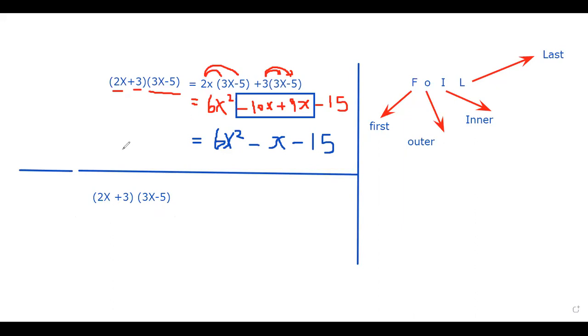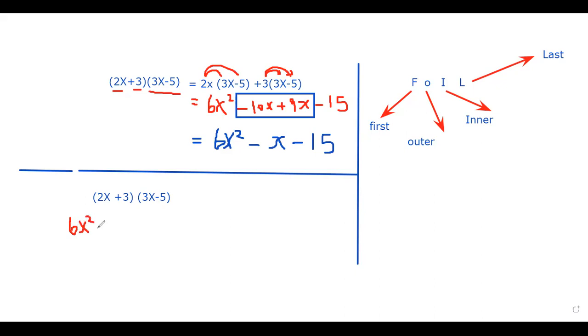First multiplied by first, 2x multiplied by 3x, will be how many? 6x what? 6x to the power of 2. Yes, 6x squared.